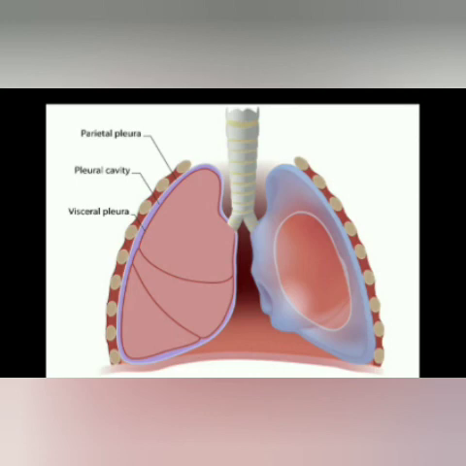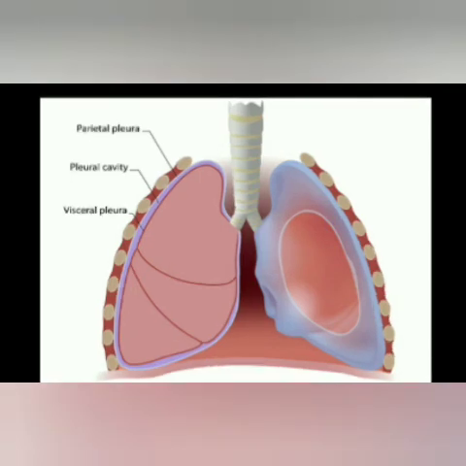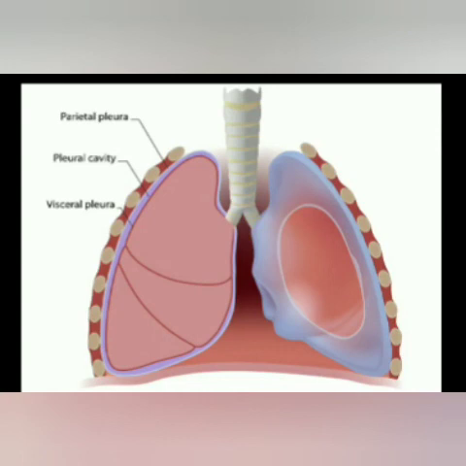This fluid provides lubrication for the free movement of the expanding and contracting lungs. Because we know while breathing, during inhalation and exhalation, our lungs contract and expand. So our lungs occupy the greater part of the thoracic cavity and their lower bases closely rest on the diaphragm.